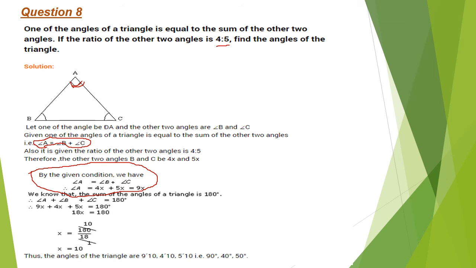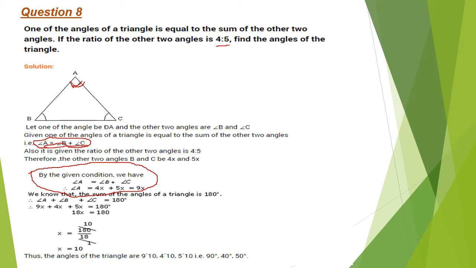Then the remaining part is very easy, children. This is one part and this one is another part that you have to observe. As they said, one of the angles of the triangle is equal to the sum of the other two angles, so here I consider the greater angle as angle A. Angle A equals angle B plus angle C. Then they also gave the clue that the ratio of the other two angles is 4:5.